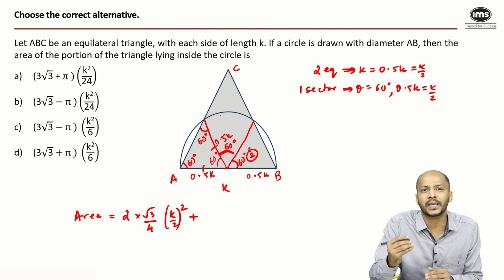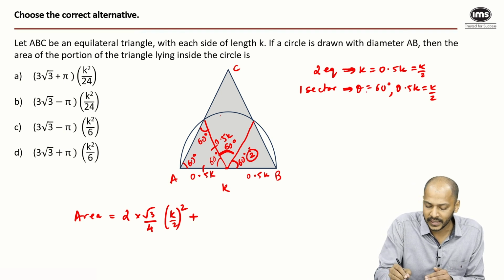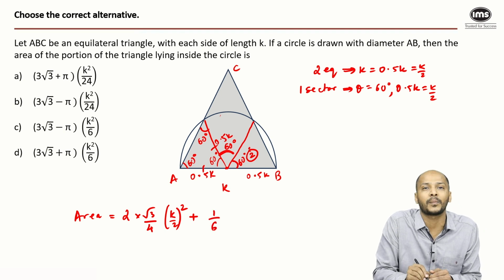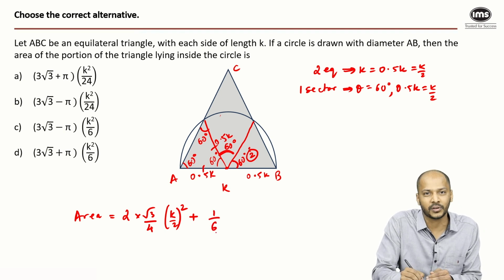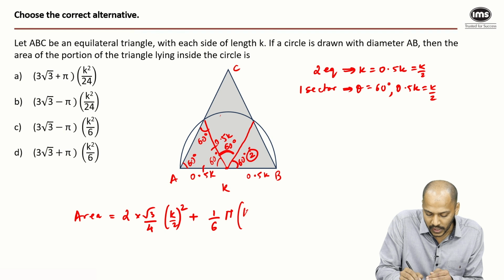Area of a sector, the formula is theta upon 360 into pi r square. Theta is 60 divided by 360, I know that is 1 by 6. So I'll quickly write 1 by 6 into pi, and r square. R again is K by 2, so K by 2 square.